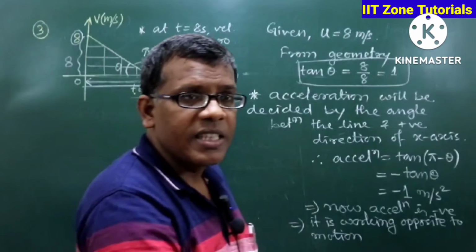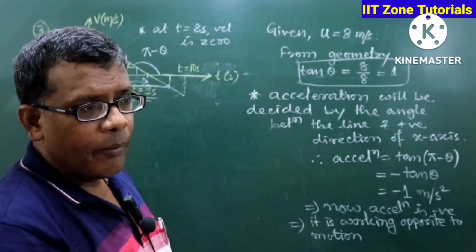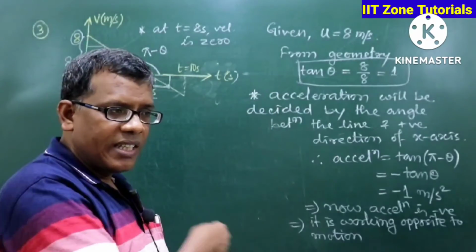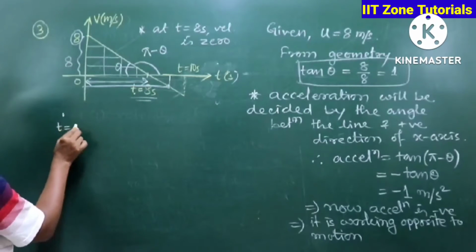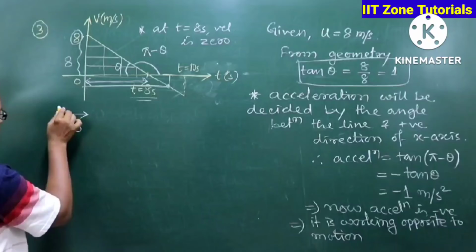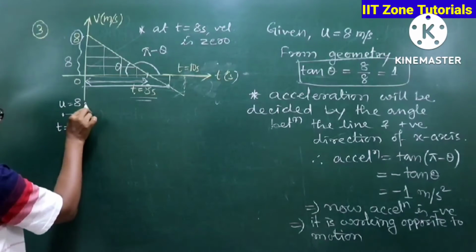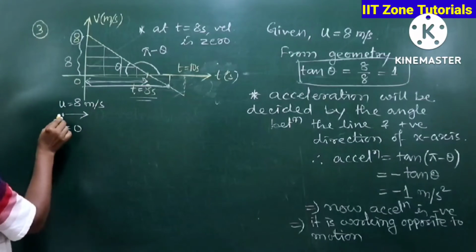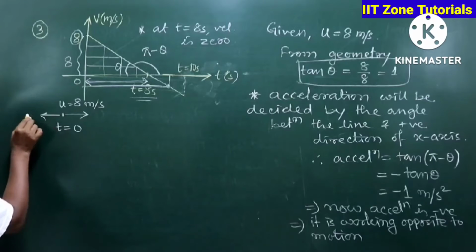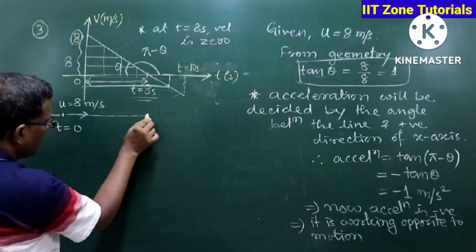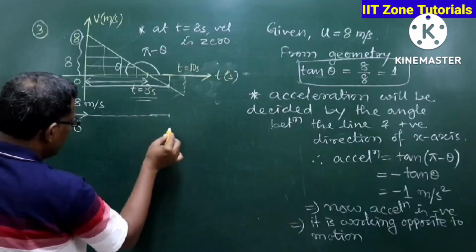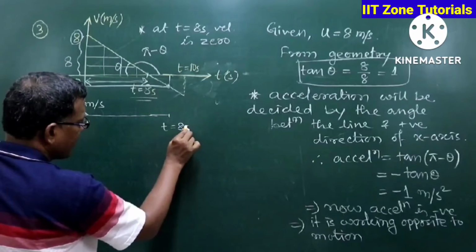What does it mean saying velocity becomes negative? It means the particle starts returning back. Suppose at t equal to 0, it had the starting velocity of 8 meter per second in this direction. So from the beginning acceleration is working against the motion, and the particle still continues moving forward. This is the instant t equal to 8 second.